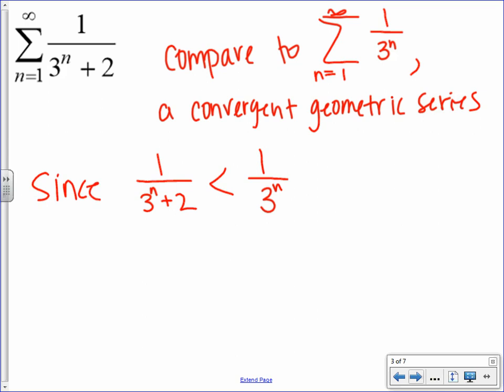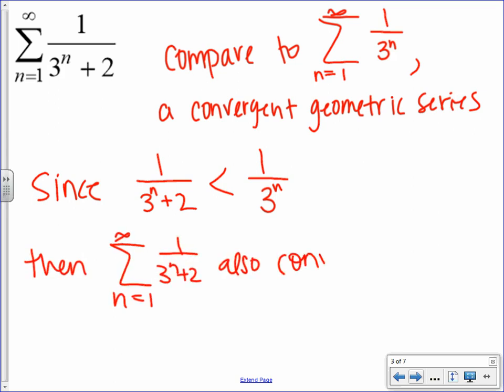So since this is true, then this sum also converges by direct comparison. Do you see how you have to write more than you think?